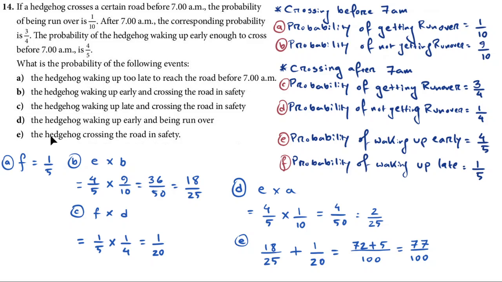So if the part E says the hedgehog crossing the road in safety, simply that and nothing else, that means it can be either this or this. So for part B we got the answer 18 by 25, and for part C it was 1 by 20. So since it can be either this or that, we just need to add the results we got from part B and C. 18 by 25 plus 1 by 20. That gives us 77 by 100.